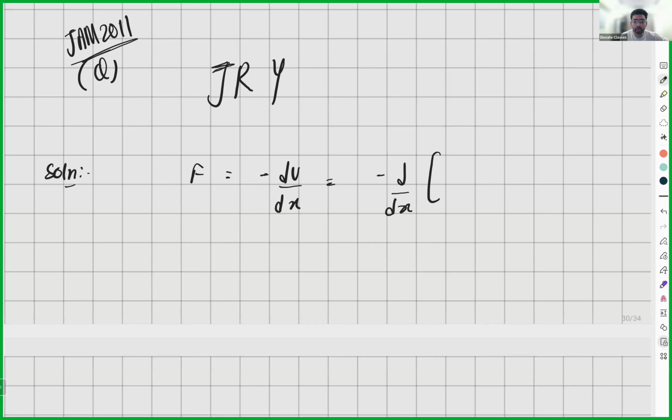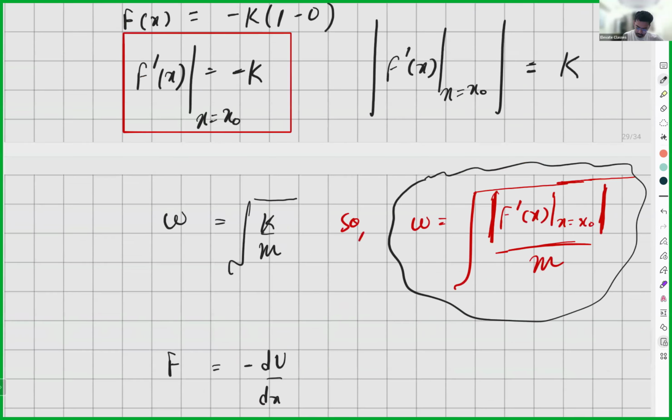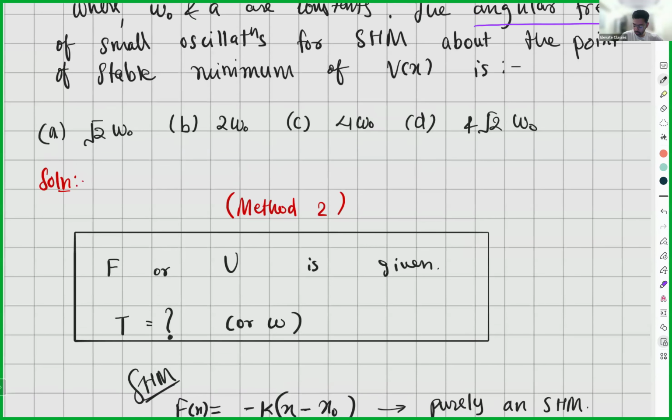So first we are calculating the force, right? This is how we calculate the force. A square by 2 m x cube was given, right? X square was given.